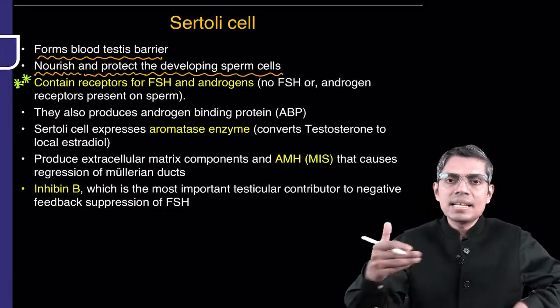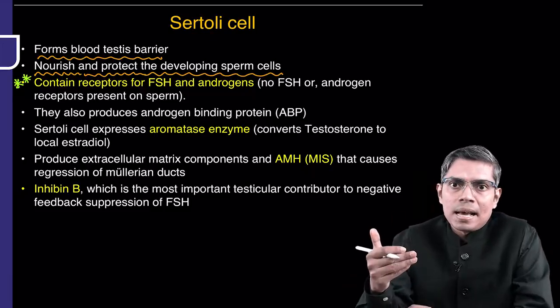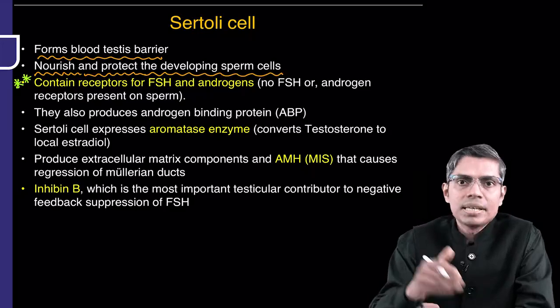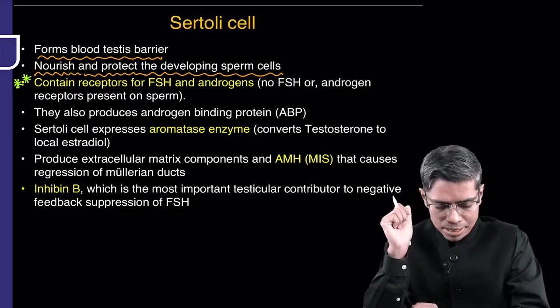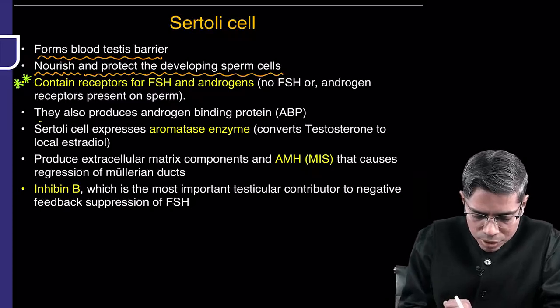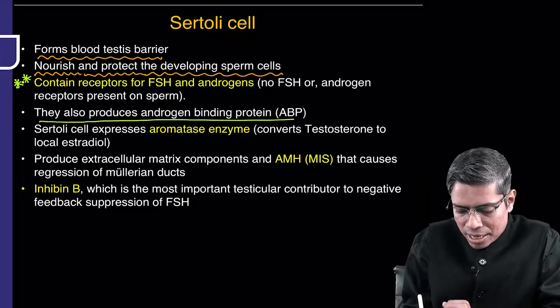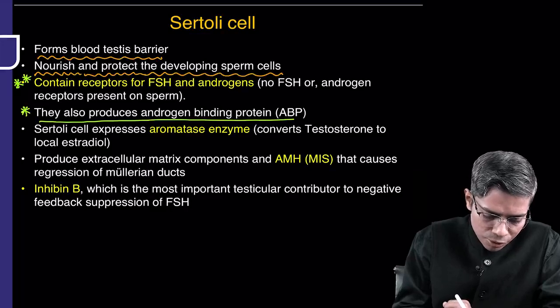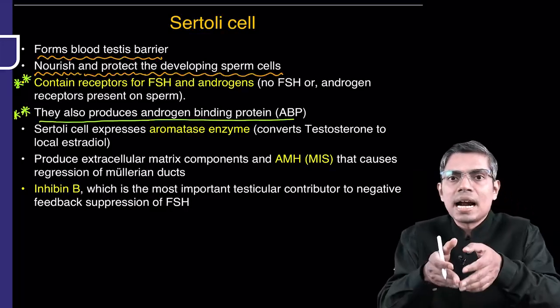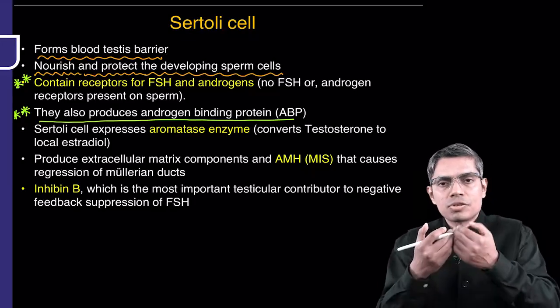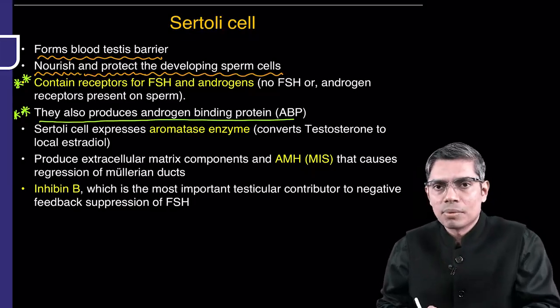Okay, it is acting at the level of the Sertoli cell, and that Sertoli cell is helping in the process of spermatogenesis, right? Then second thing, it produces androgen binding protein. I told you already how the testosterone, after entering inside the adluminal compartment, is not returning back to the blood once again.